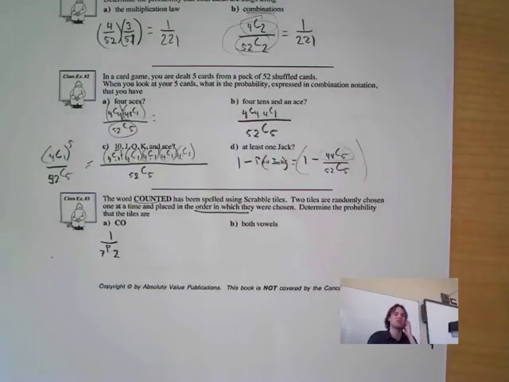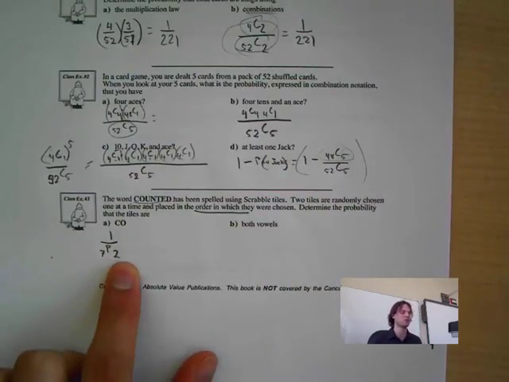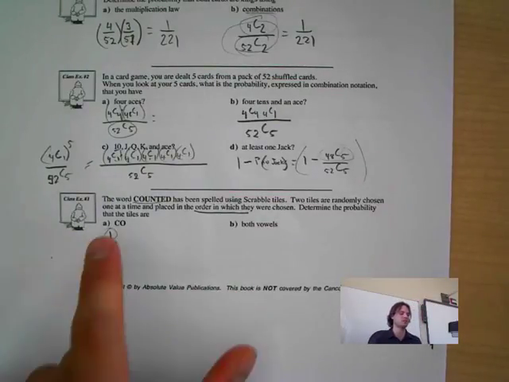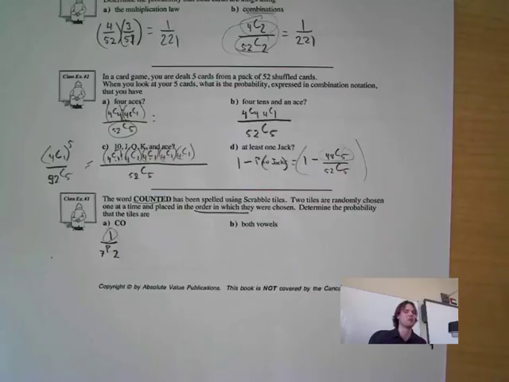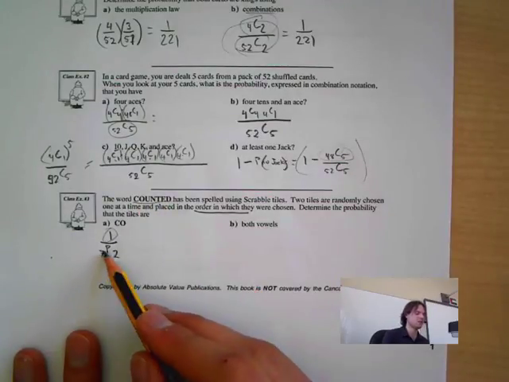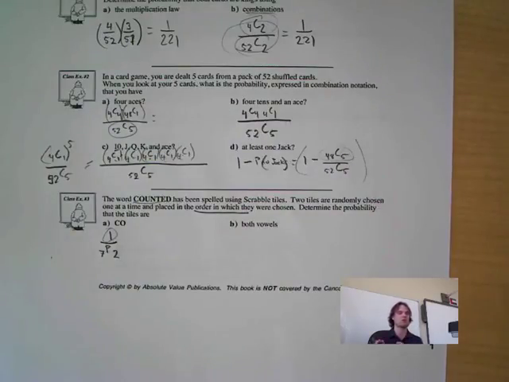So 7 permutation 2. And we put that into our calculator, and that'll give us our answer, because there's only one outcome we want, which is C and then O. And altogether, we have 7 letters here, and it's out of 7 pick 2, whatever order those 2 came in, that matters.